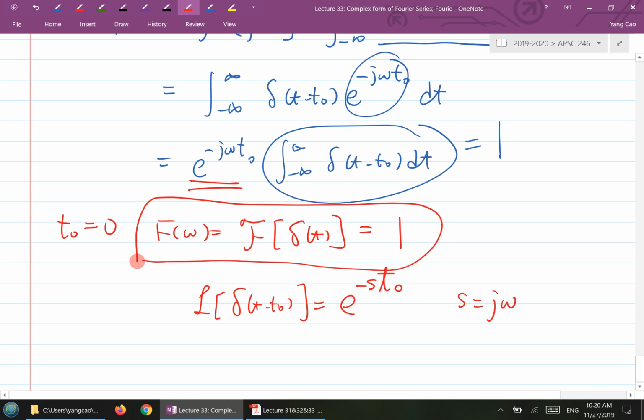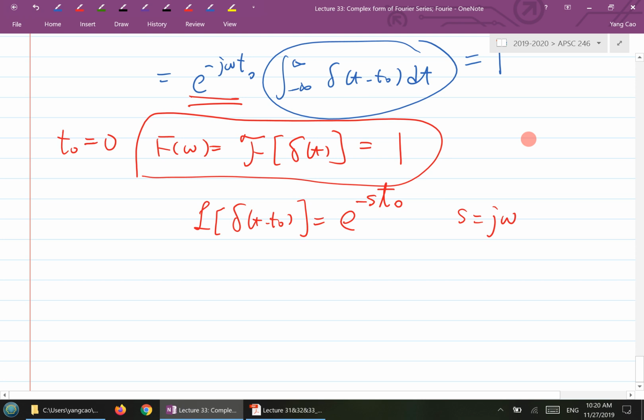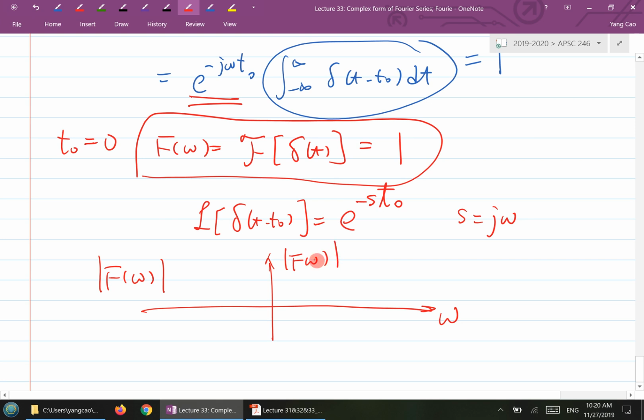So this is actually weird here. You look at the Fourier transform of the impulse, you get 1. Basically, if I plot the absolute value of this for the impulse signal versus omega, guess what I get? I get a constant 1 here, right?